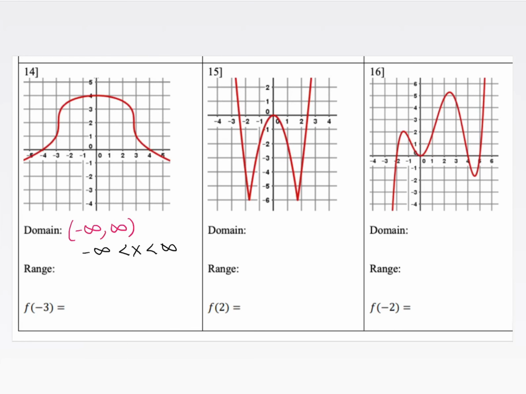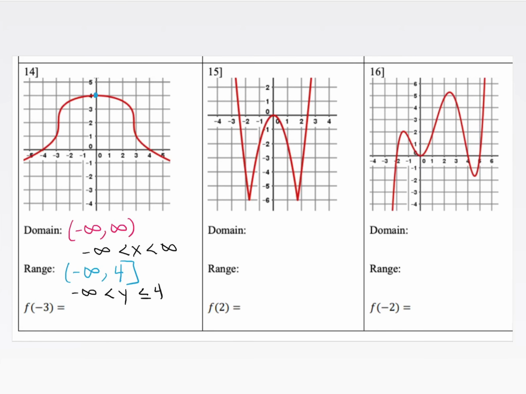Our range also goes off the graph for the bottom portion. So we have -infinity, and the top part is 4 is the highest part. That 4 is a solid curve, so we're going to use a bracket. And for inequality notation, we would use -infinity is less than y, which is less than or equal to 4.